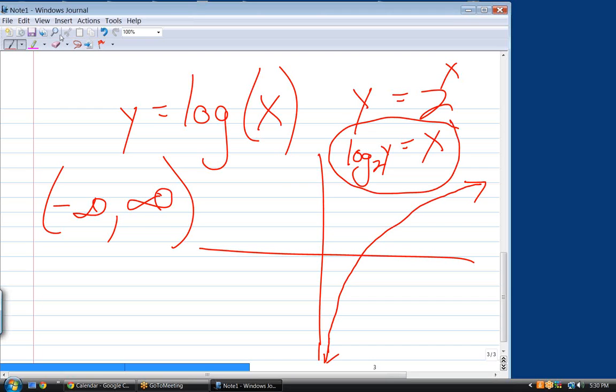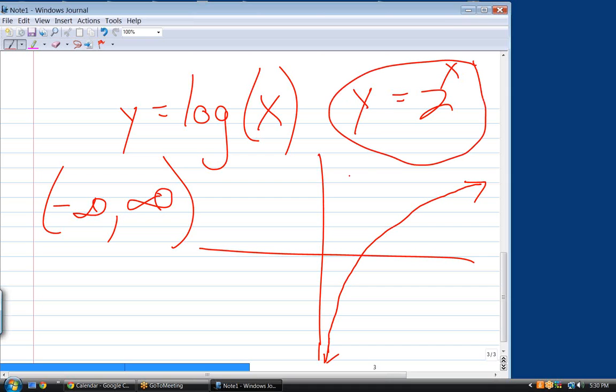Now, I don't want to confuse you by talking about inverses and exponentials and logs, because when you take an exponential equation, there is the equivalent logarithmic equation. In other words, if I want to write that logarithmically, I know that logs are exponents.